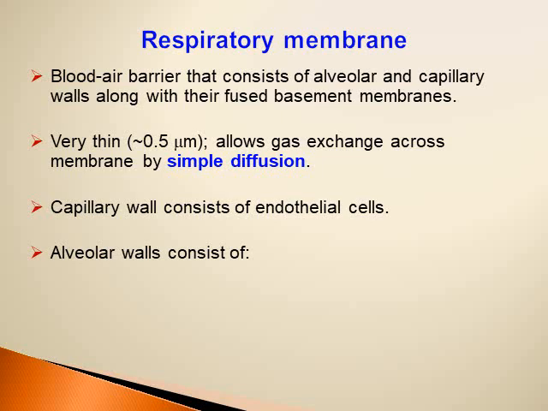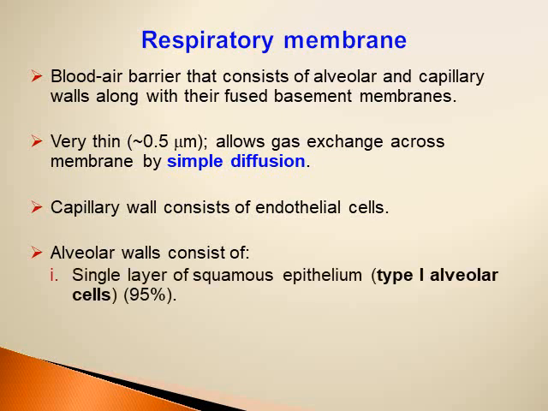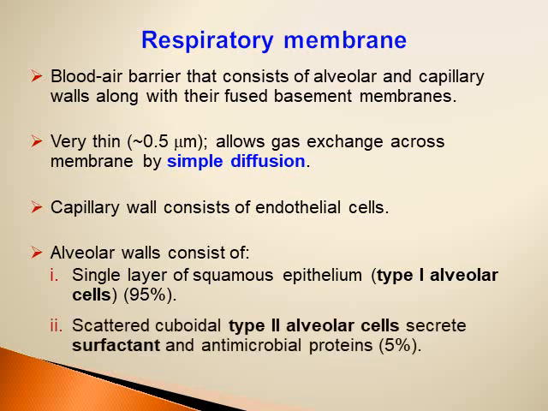Alveolar walls consist of a single layer of squamous epithelial cells, type 1 alveolar cells that represent 95% of the alveolar wall, and scattered low cuboidal type 2 alveolar cells that secrete the surfactant, which reduces the surface tension, and also some antimicrobial proteins that help in the defense against pathogens or microbes. Type 2 cells represent 5% of the surface area of the alveolar wall.